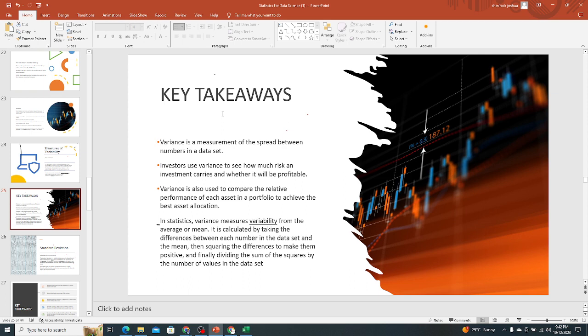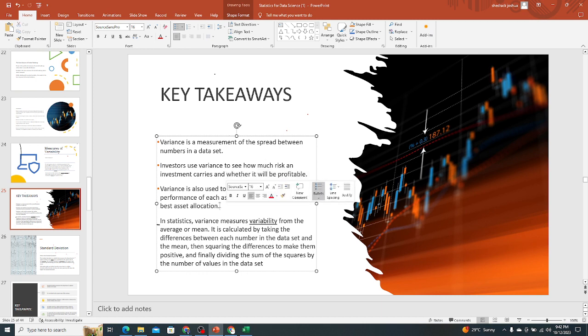So variance is a measurement of the spread between numbers in the dataset. Investors use variance to see how much risk an investment carries, and whether it will be profitable. Variance is used to compare the relative performance of each asset in a portfolio to achieve the best asset allocation.